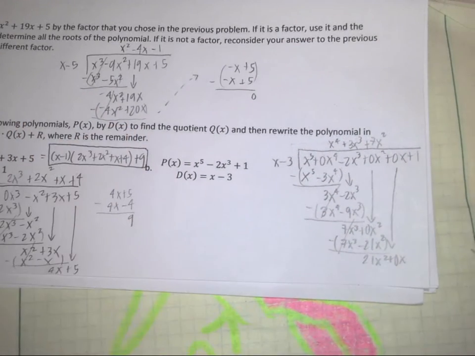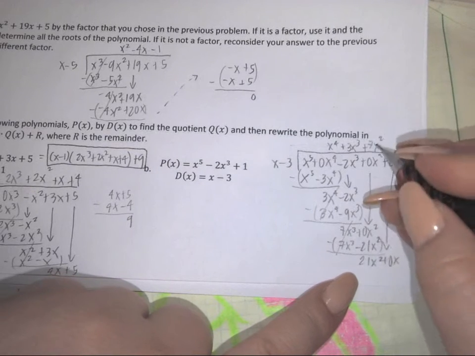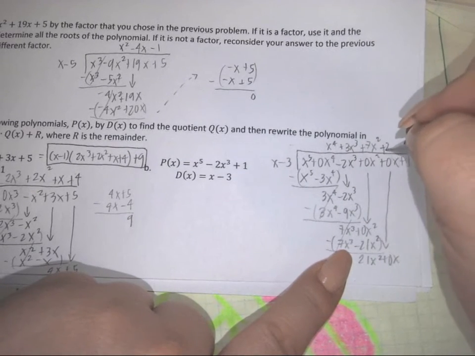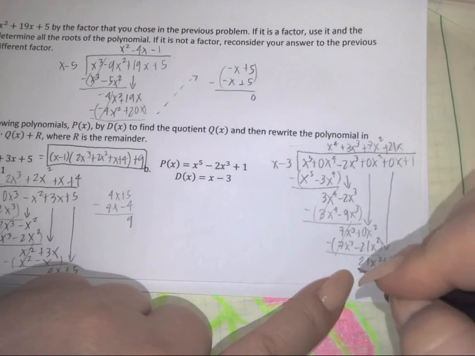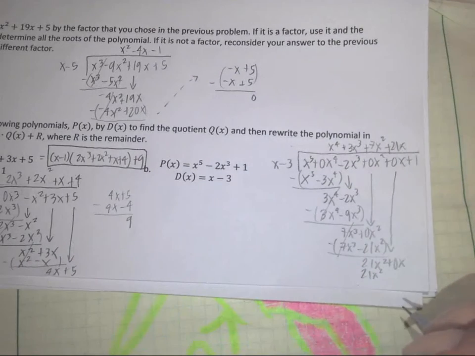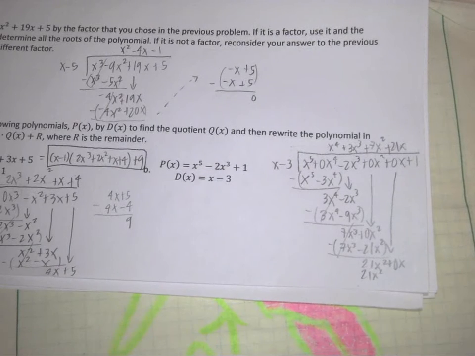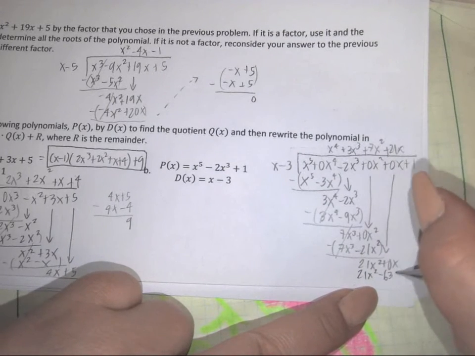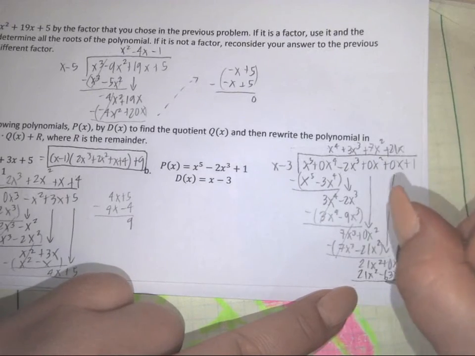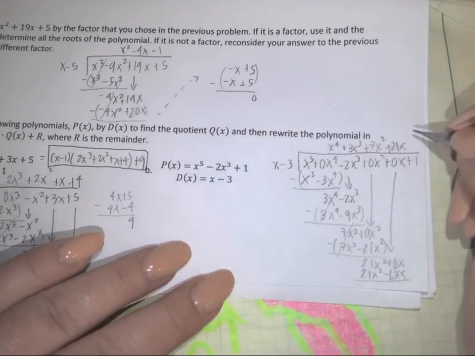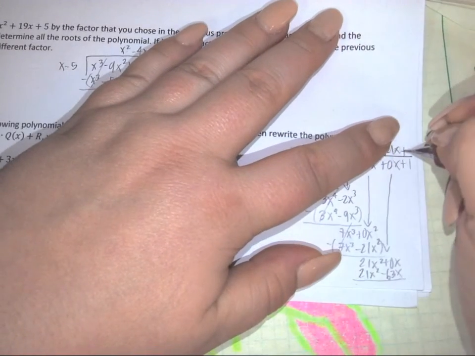And you get 21x times x is 21x squared, so 21x squared minus 63x. And then lastly, that gives you plus 63.